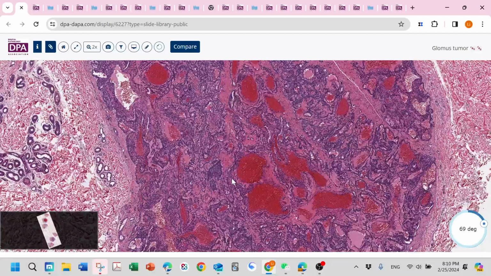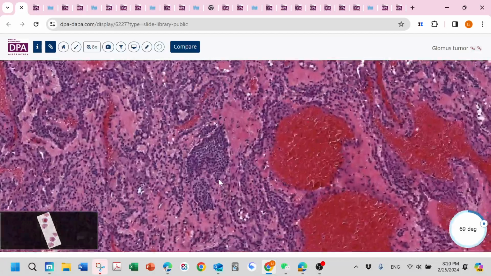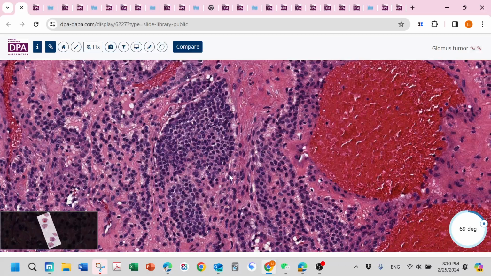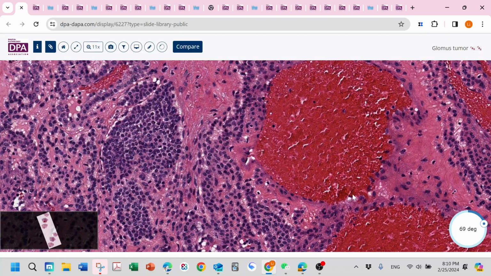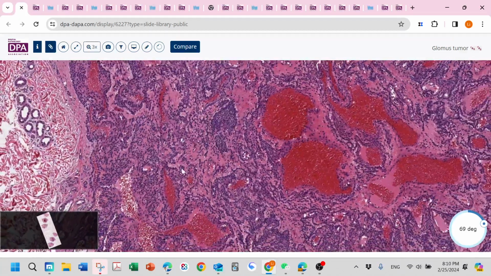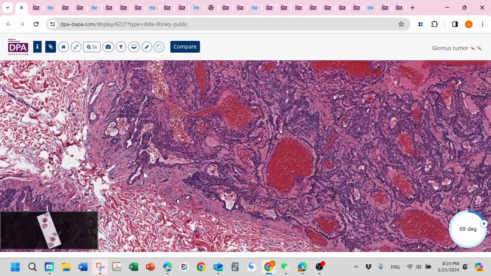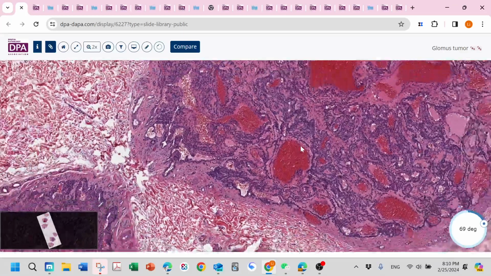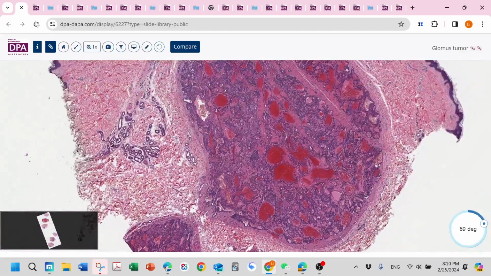You may also think, is it just lymphocytes? But when you zoom in, you can see all the cells look monotonous, and they just trickle around the blood vessel. When you see the blood vessel go out, these cells also go out, so that is really characteristic for a Glomus tumor.